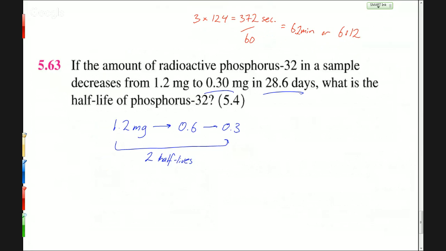So we would cut that in half. So this 28.6 days must be 2 half-lives. So that means 1 half-life is going to be 14.3 days.